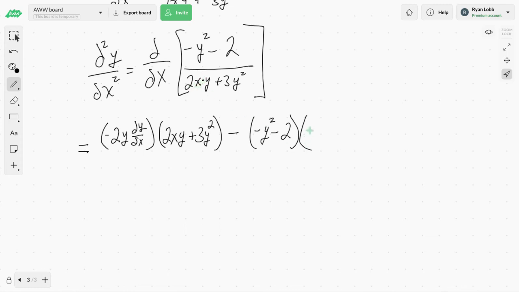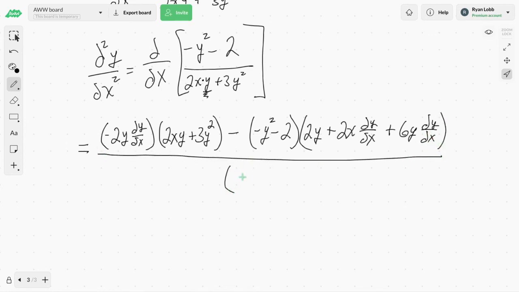So we have a product rule. The derivative of 2x times y plus 2x times the derivative of y, dy/dx, plus now the derivative of 3y squared with respect to x, 6y dy/dx, and all that would be over the denominator, which is 2xy plus 3y squared. So here's our second derivative, but now it's in terms of x, y, and the first derivative.